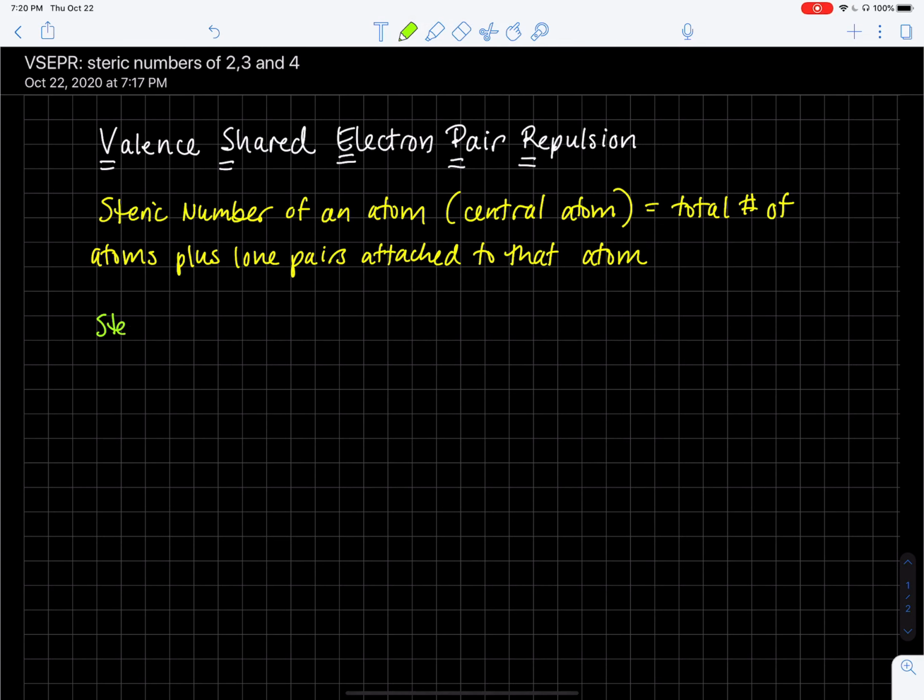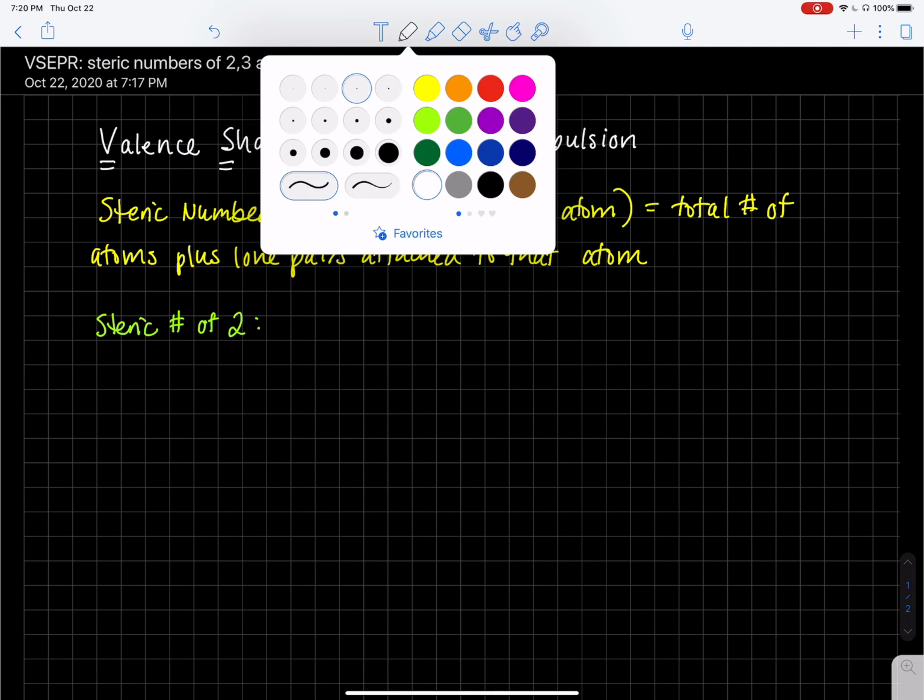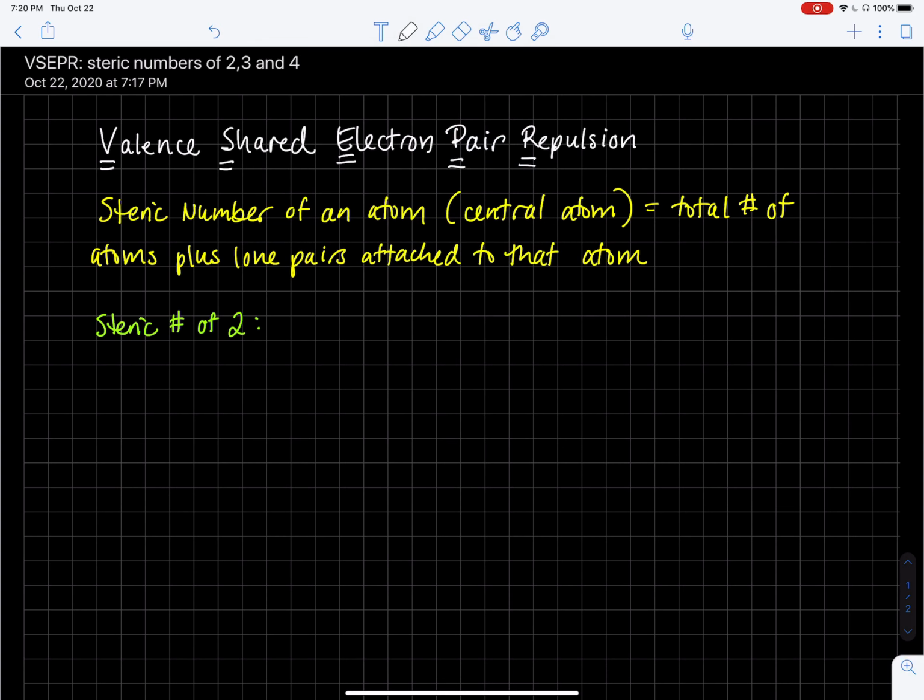steric number of 2. And just to be clear, the theory behind VSEPR, I'm going to leave that for your discussion in lecture. This is really just all about how to identify these shapes once you understand what's going on. So here's an example of a central atom with a steric number of 2, the molecule CO2.